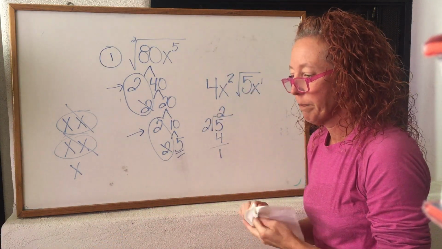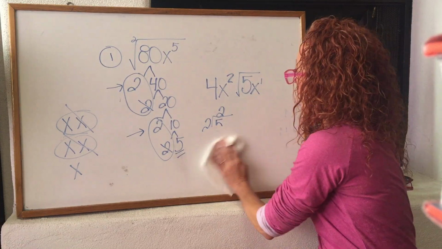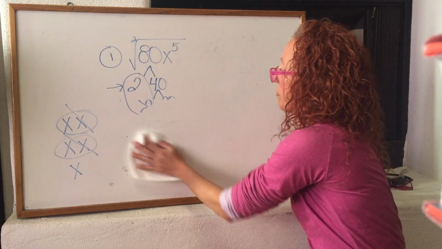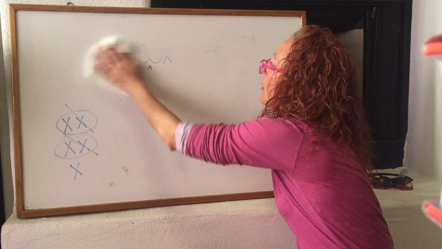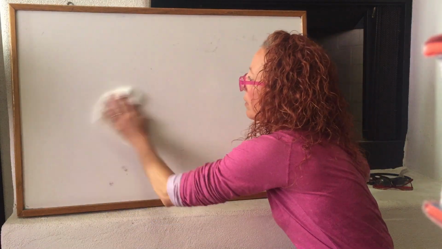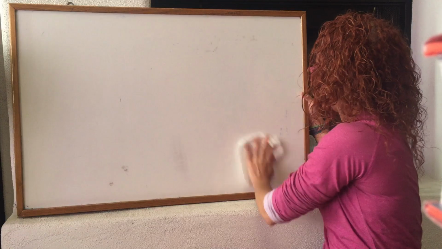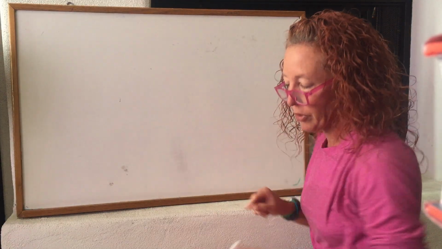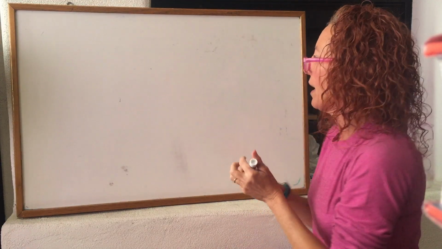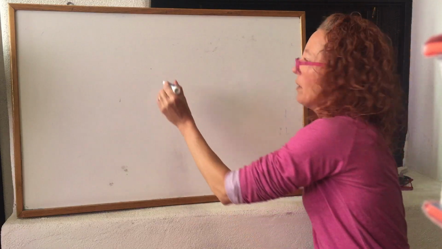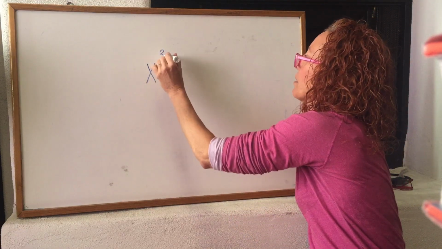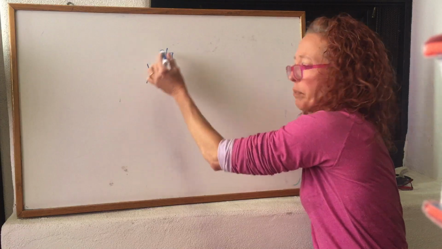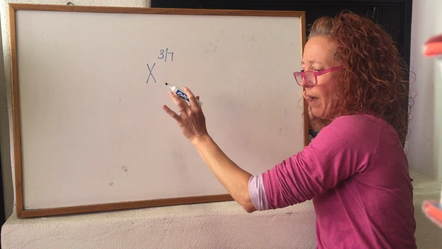Number 2, write using a radical expression. So from our lesson in 10.2, roots grow on the ground, powers or exponents are up on top. So we have x to the 3/7. There's parentheses around there.